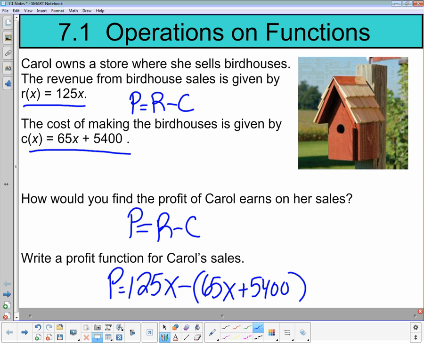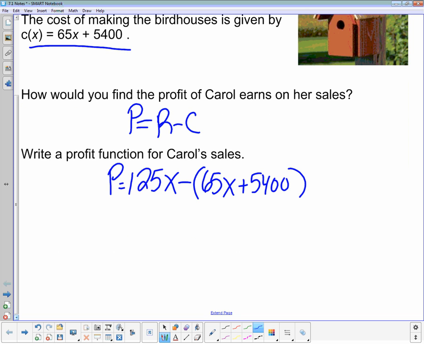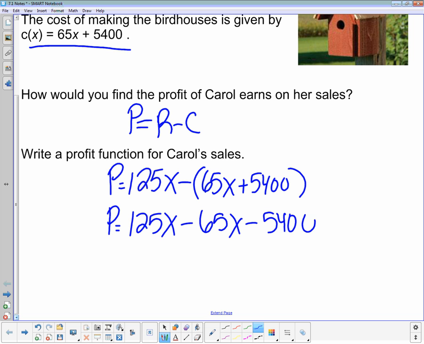So if we simplify this, P is equal to 125x, and if we distribute our subtraction, or negative 1, we have a negative 65x and a minus 5,400.